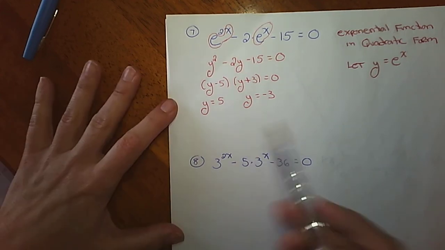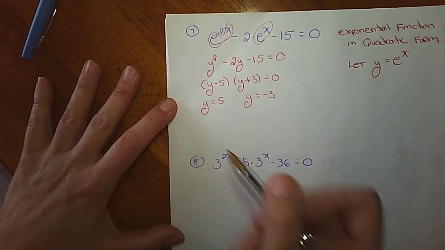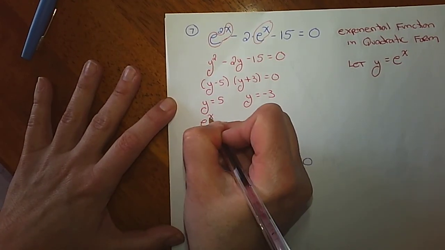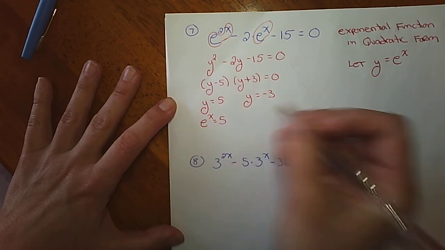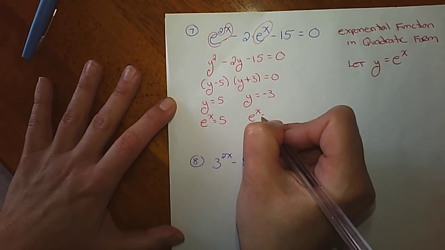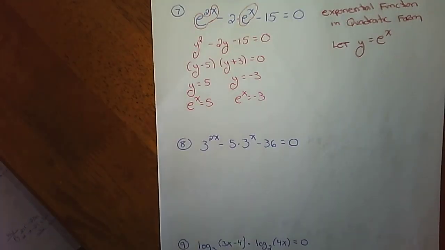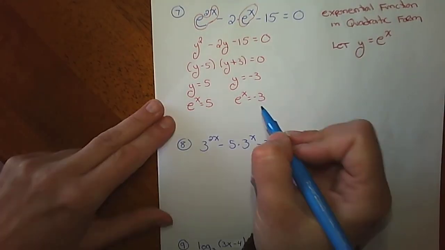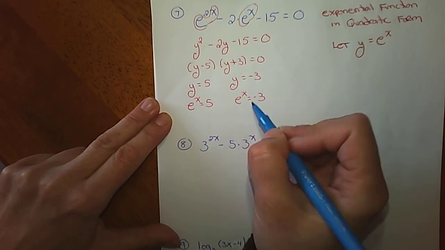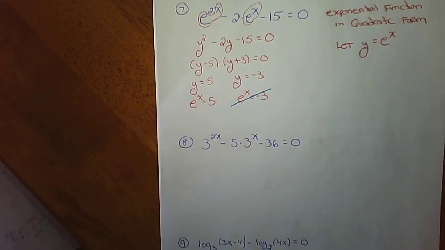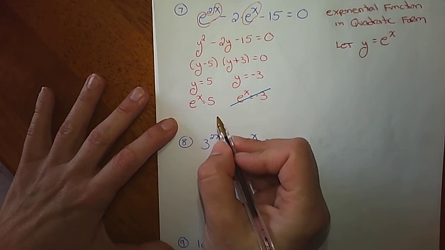So now at the very end, we bring back in our e to the x. So right here, this becomes e to the x equals 5, e to the x equals negative 3. Now, no exponential function can ever equal a negative. Can't happen. So this guy gets rejected.